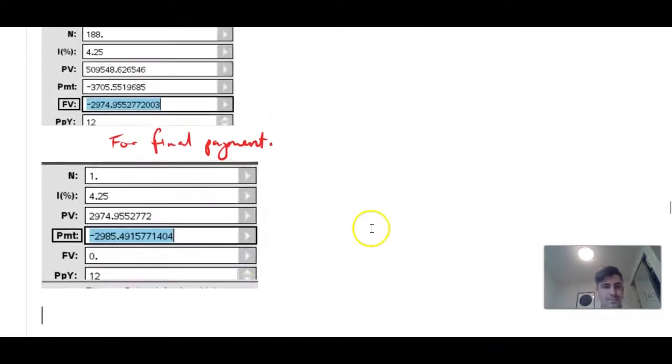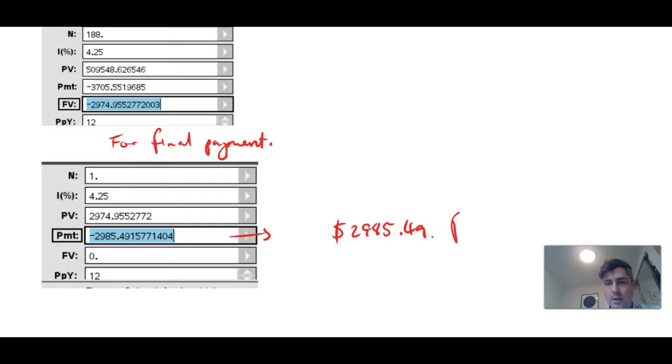So the answer to the final payment is 2985.49. You have to take into account the fact that the final payment is different when you're doing longer questions, because when you're working out the overall interest, the fact that the last one's different is still important. And we'll get to a question like that in the next video.